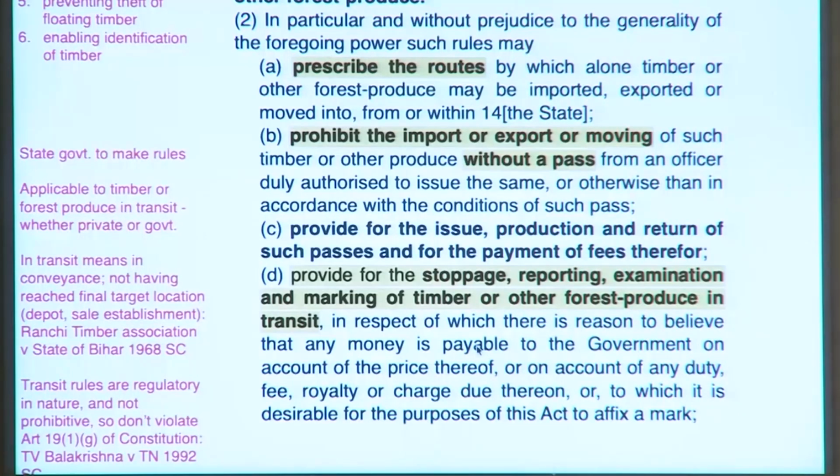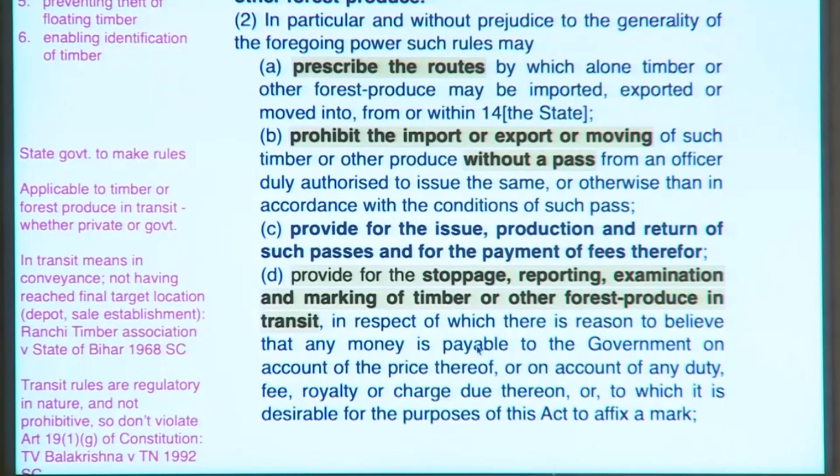So, the government can stop you if you are carrying timber or other forest produce, and the government can ask you to show where you are bringing all of these from. The government can examine your forest produce, the government can even mark your forest produce to ensure that you are not bringing in illicit forest produce or timber.